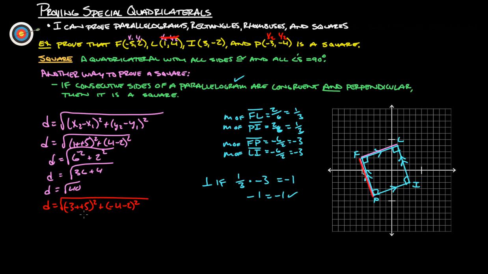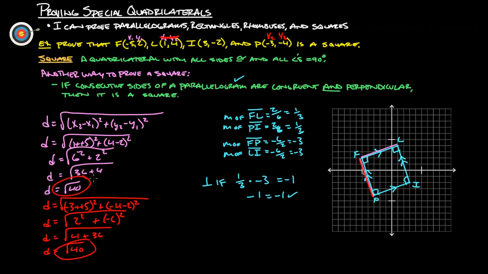So negative 3 and positive 5 is positive 2, and negative 4 minus 2 is negative 6 squared. So 2 squared is 4, and negative 6 times negative 6 is positive 36. So the distance on this one is also the square root of 40.